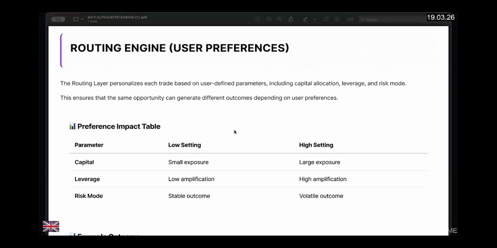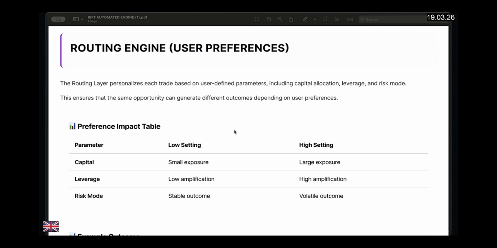And all this happens at once, at the same time. There are variables on which the same trade can result in a different way, which depends on capital, leverage, and risk mode, which we have already applied.